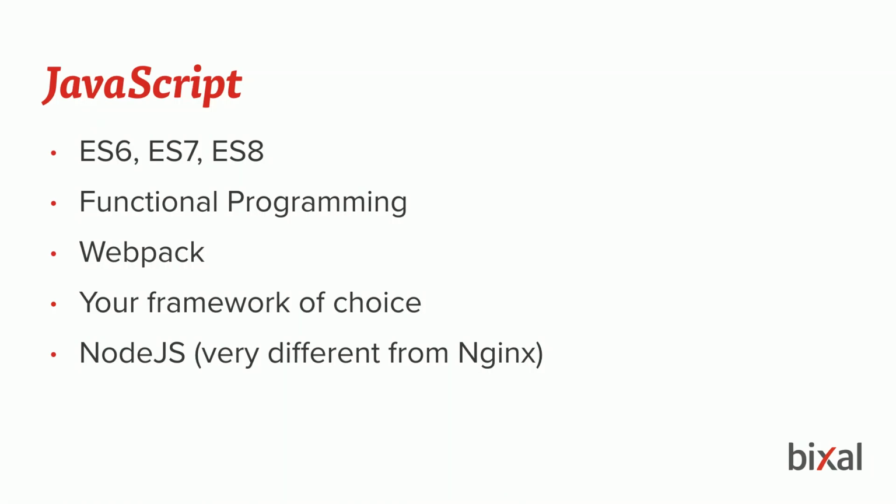And then the last one, which is Node.js. Sometimes there may be a few cases where you can escape Node.js configuration, but Node.js is basically the web server that uses JavaScript, and it's very different from Nginx. I would say that Node.js can do pretty much everything that Nginx does, but it is more complex and it can do more.